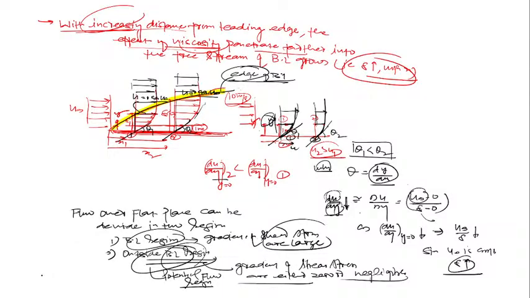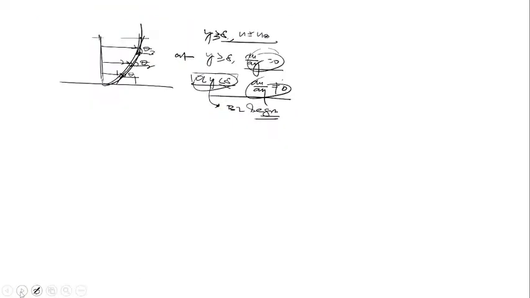Today I will complete the velocity boundary layer, all topics about the velocity boundary layer. Now one more thing here. From Newton's law of viscosity, tau is equal to mu into du upon dy.